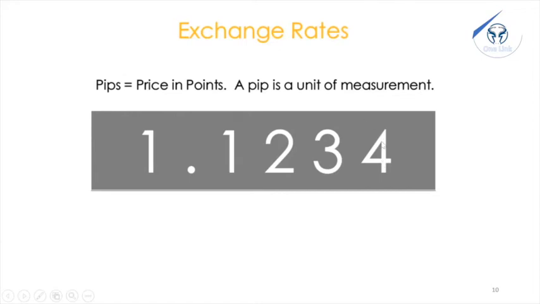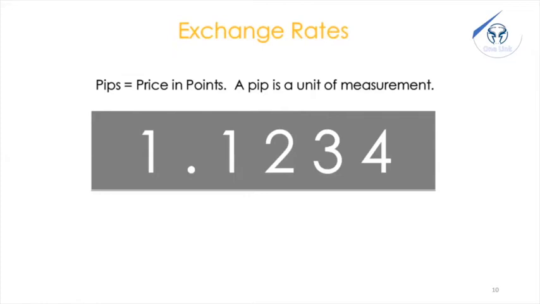The 4th digit is known as a pip. If that particular 4th digit moves from 4 to 5, that's a movement of 1 pip.